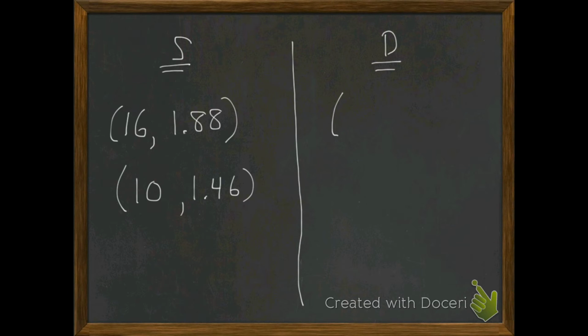Now the demand part of it, when we had $1.88, the demand was 10.6. And when we had $1.46, the demand was 12.7.